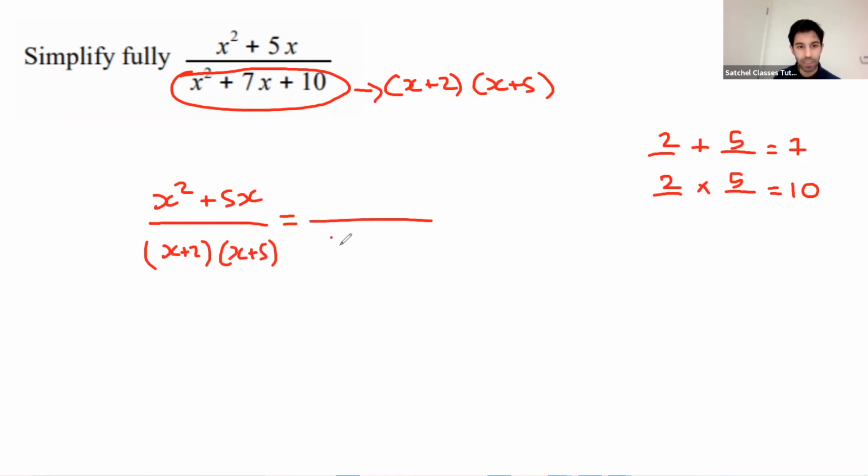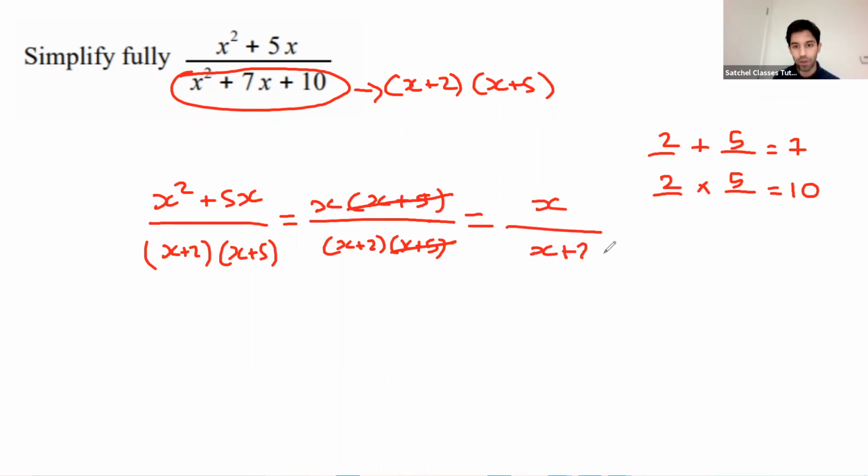I can't factorize this anymore, but I can factorize the numerator. So outside the bracket, we'll have x plus 5. X times x is x squared. X times 5 is 5x. So x plus 5 and x plus 5 will cancel out. So what we'll have is x over x plus 2.